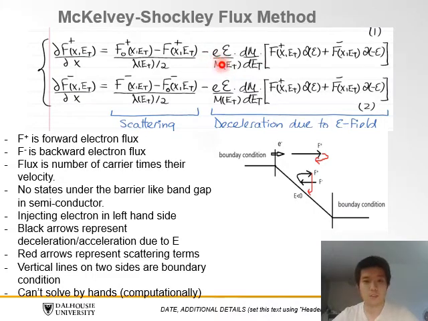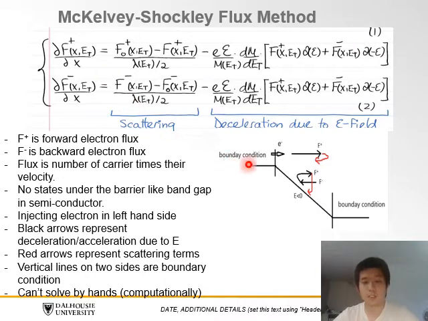E is the electron charge. Epsilon is the electric field. Theta is the step function. In this term, if the electric field is positive, theta will be equal to 1, otherwise it will be 0. In this other term, if the electric field is negative, theta will be equal to 1, otherwise it will be 0.